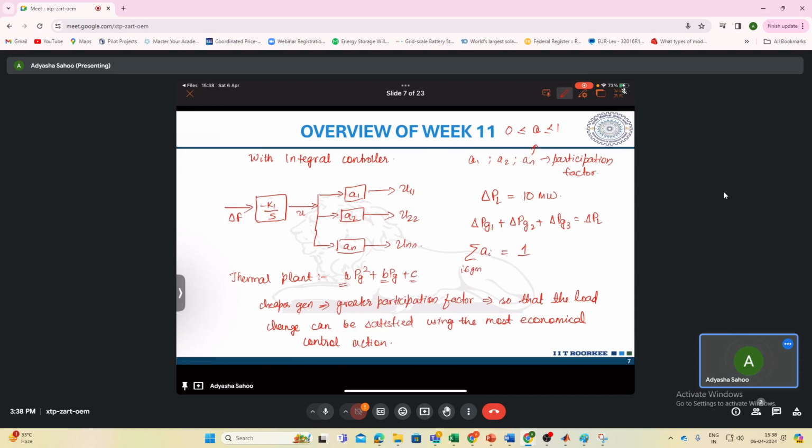Okay, so your delta Pg1 steady state will be A1 times delta PL, delta Pg2 will be A2 times delta PL, and so on. So this is clear, I think.